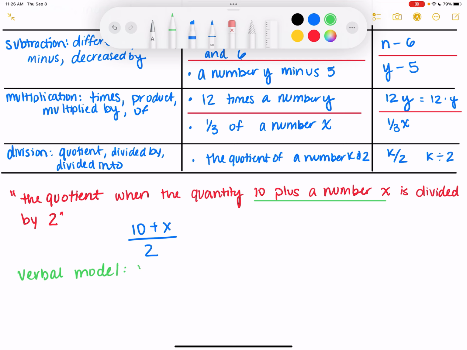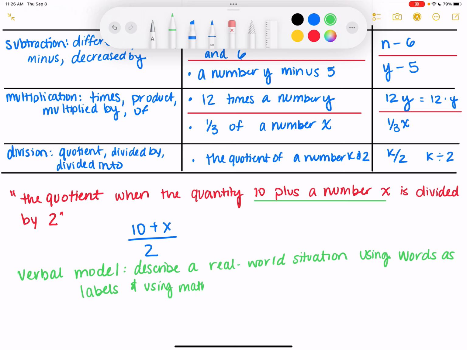And so these describe a real world situation using words and labels, or using words as labels, and using math symbols to relate the words.